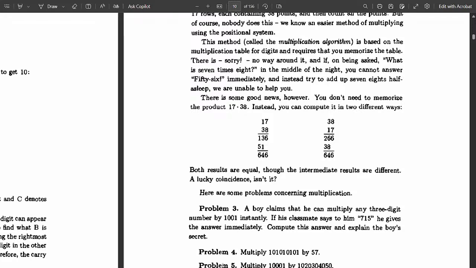So 57 followed by 8 zeros plus 57 followed by 6 zeros plus 57 followed by 4 zeros plus 57 followed by 2 zeros plus 57 is going to give us the answer.